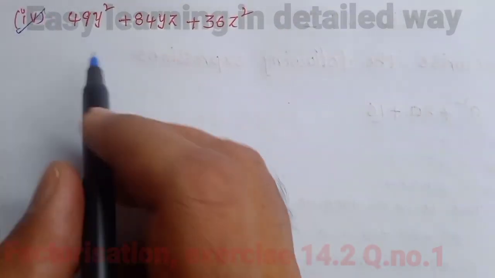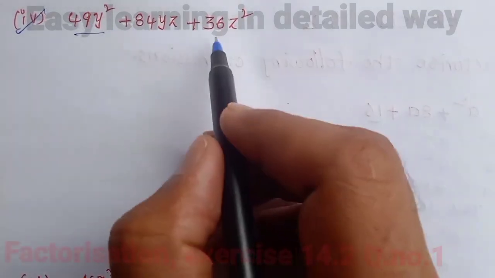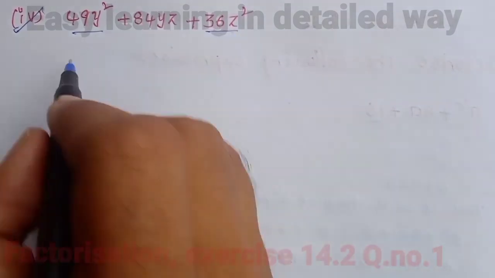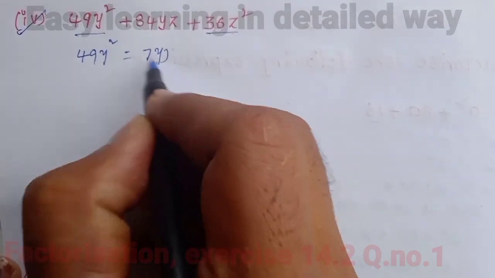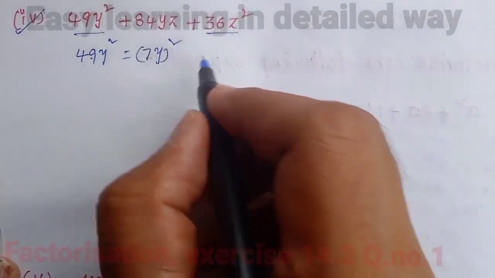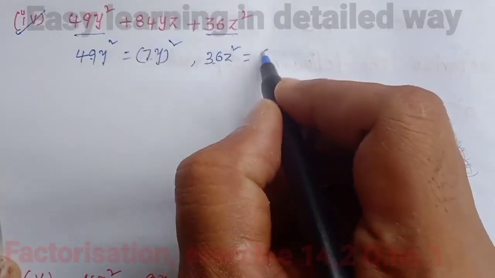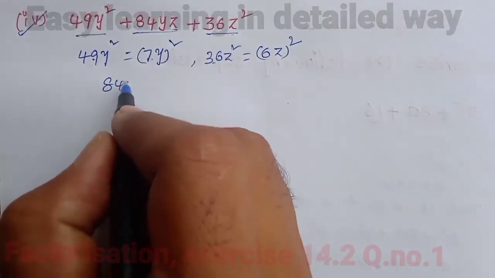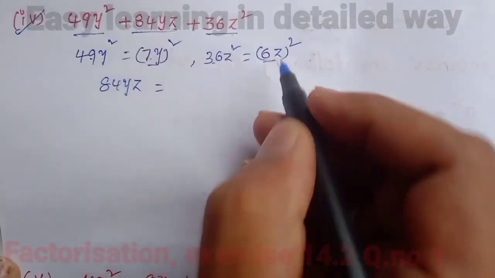Now see the fourth one. See, the first term can be written in the form of a perfect square, and the last term can also be written as a perfect square. That is 49y square is 7y whole square. 49 is 7 square. And 36z square, 36 is 6 square, so 6z whole square. So the middle term is positive. See, 84yz can be written in terms of 7y and 6z.